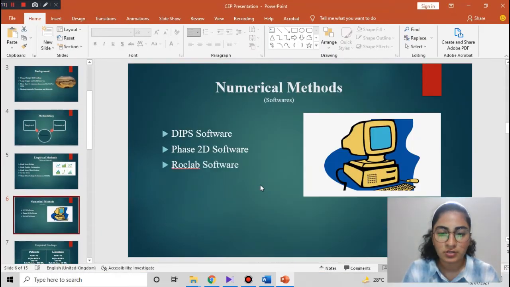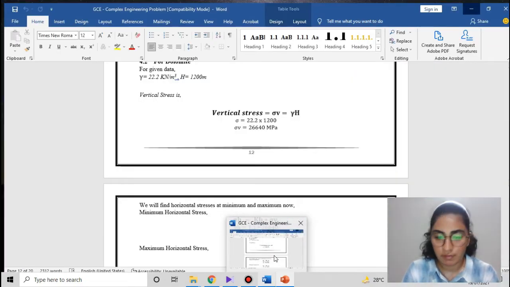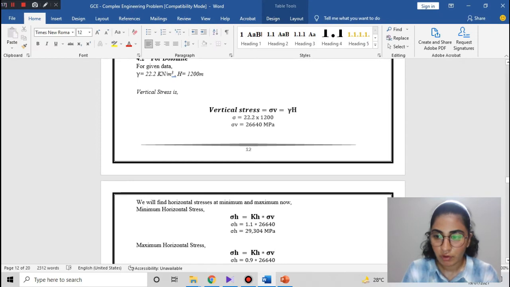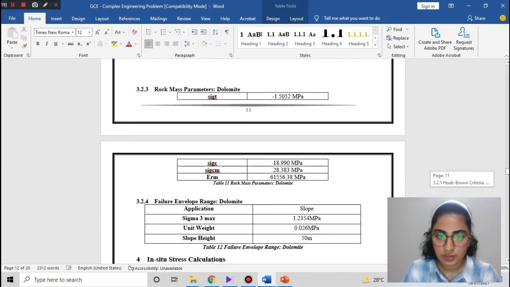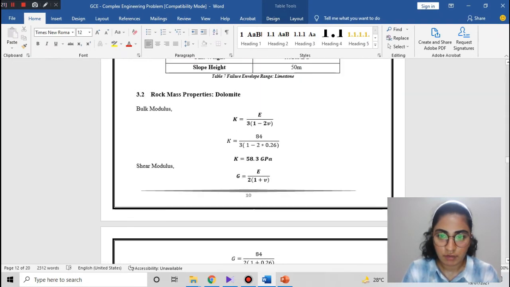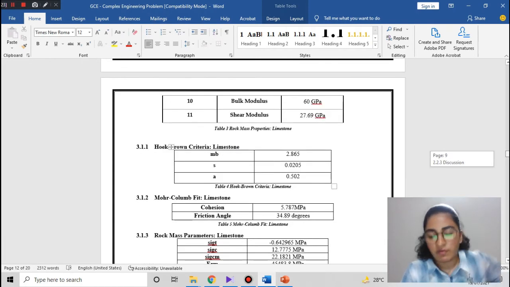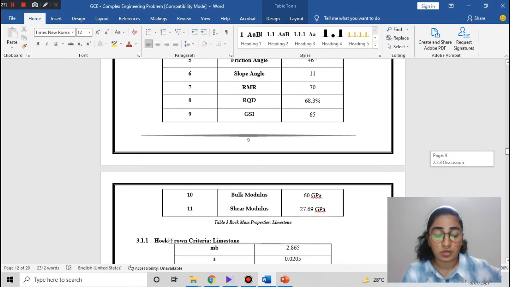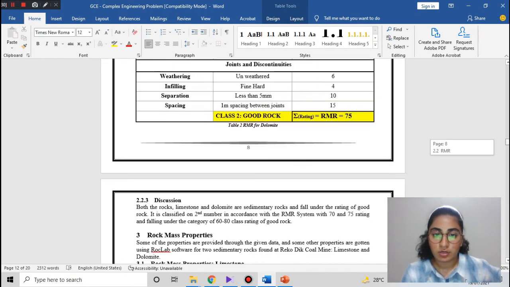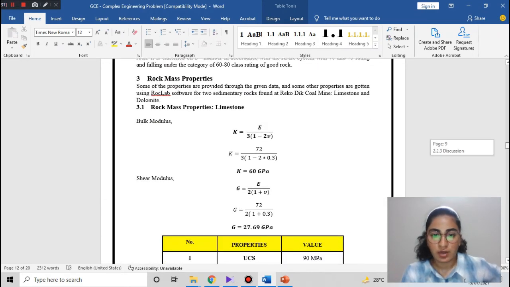I will show you the results that we got using our empirical methods. We also found the in situ stresses and compared them. We had to find the maximum and minimum shear in situ stresses. Here are the rock mass properties for limestone, and then the rock mass properties for dolomite.